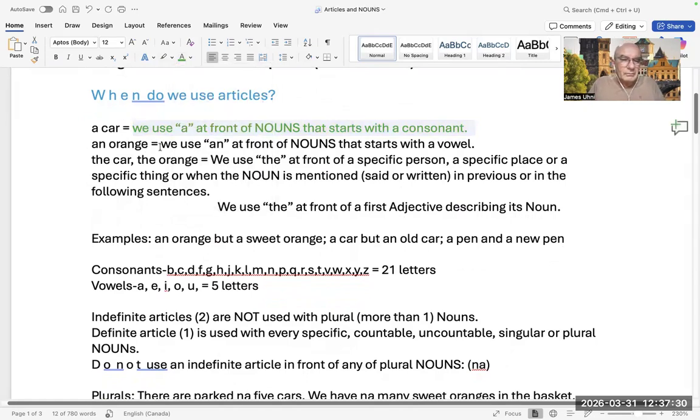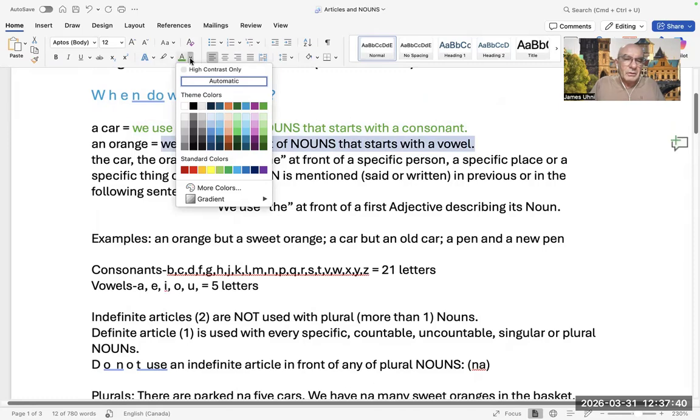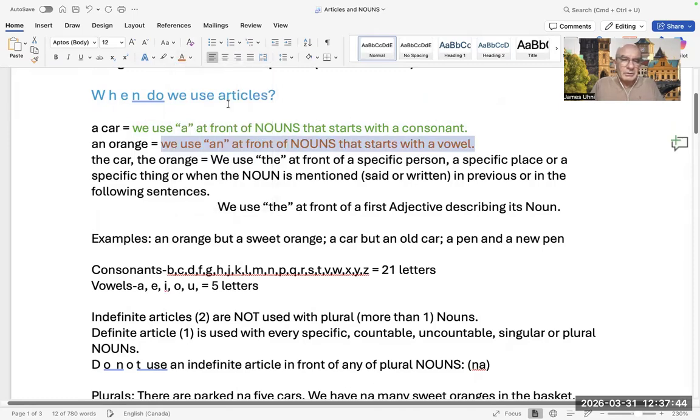And an orange: we use an in front of nouns that start with a vowel. I think that was orange.